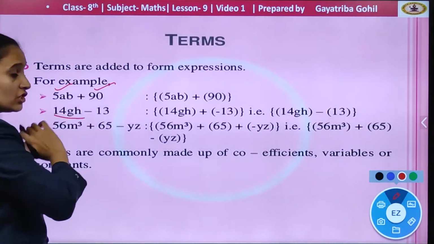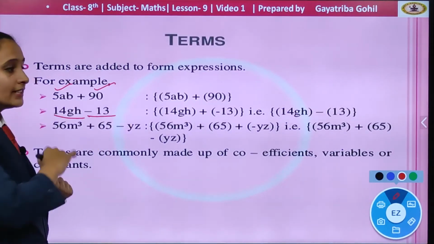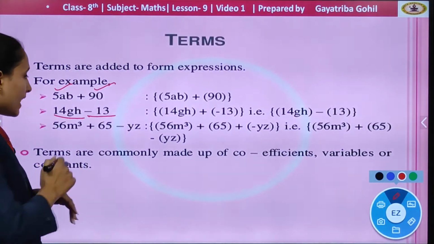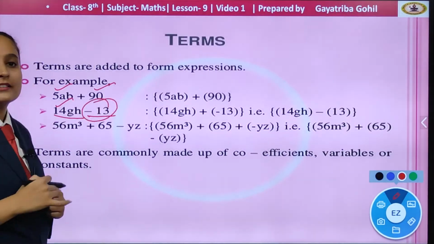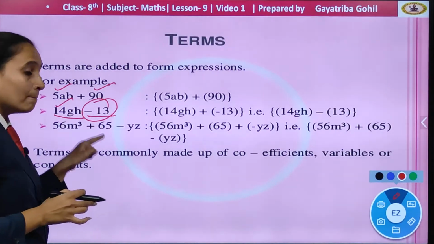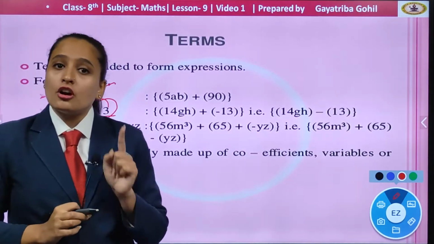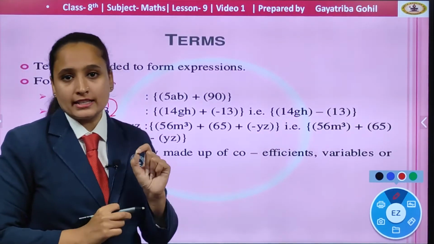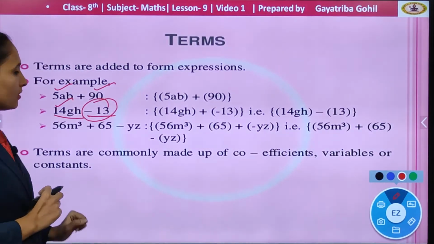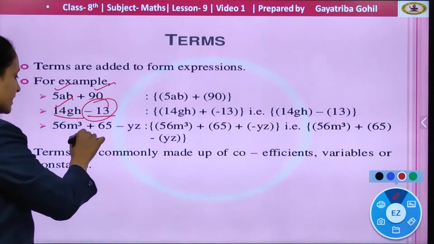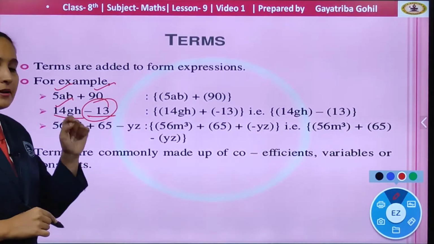Over here, 14gh minus 13. So what is added? 14gh and minus 13. So the second term will be minus 13. Do not forget the sign minus. So here you have two terms, 14gh and minus 13. Then 56m cube plus 65 minus yz.